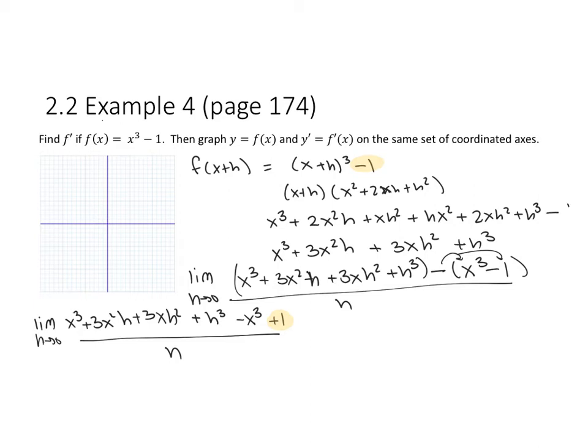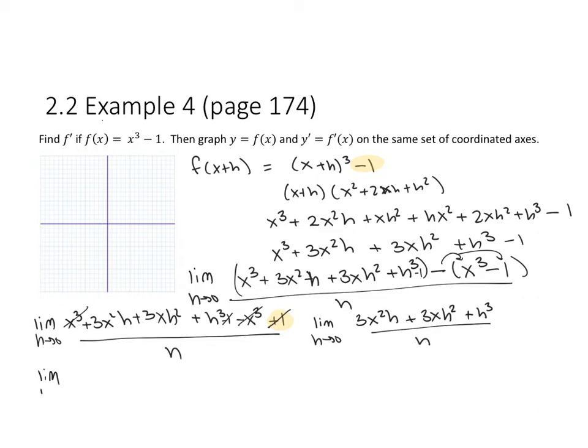I should have a minus 1 at the end here, a minus 1 at the end there, squeeze a little minus 1 in there, squeeze a little minus 1 in there. Now I can cancel. My x cubes cancel with my x cubes, minus x cubed, positive x cubed, minus 1, positive 1, and I'm left with the limit as h goes to 0 of 3x squared h plus 3xh squared plus h cubed all over h. My next step is going to be to factor out the h.